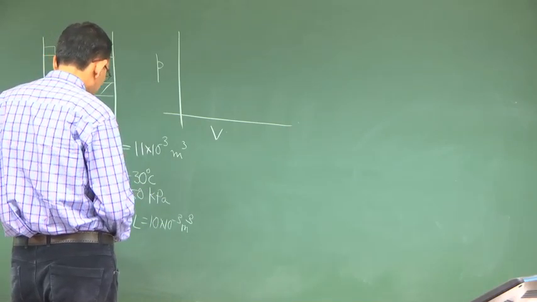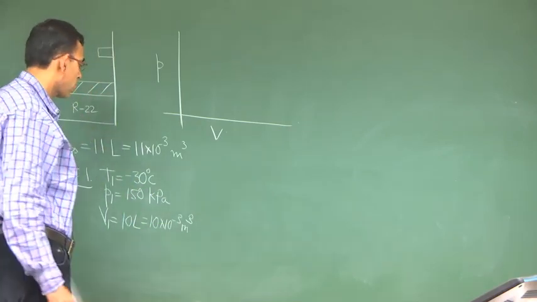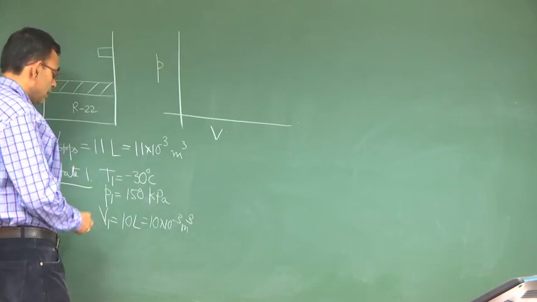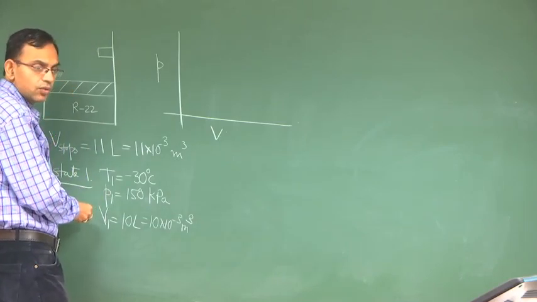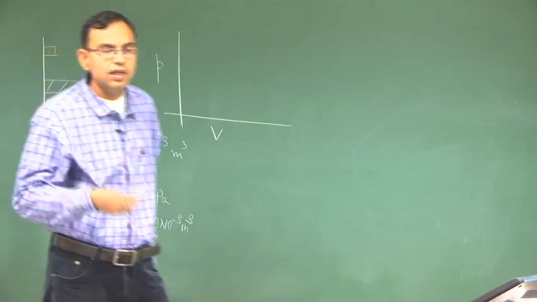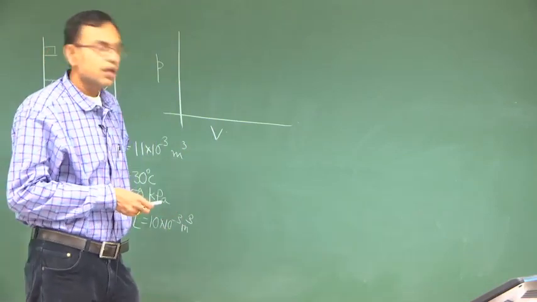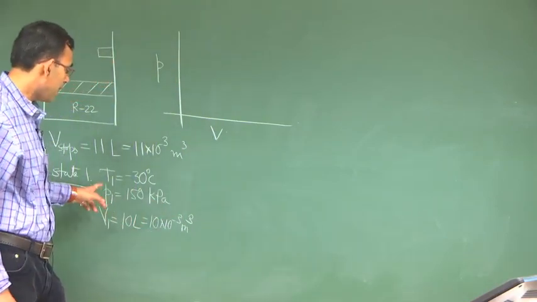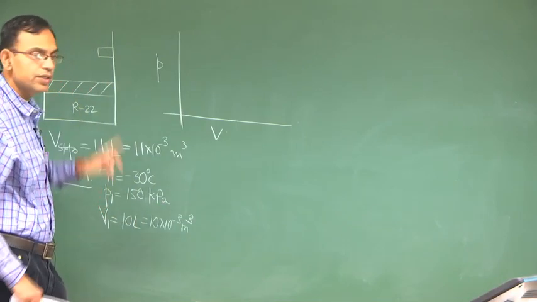So for such a substance, from this information, what additional thing that you can calculate is the mass of R22.